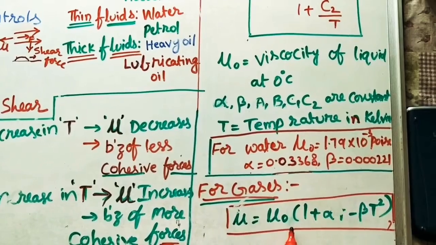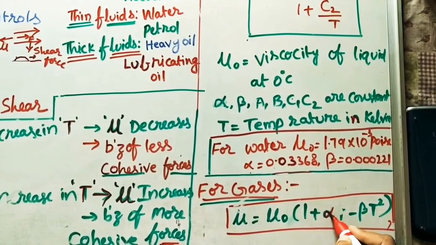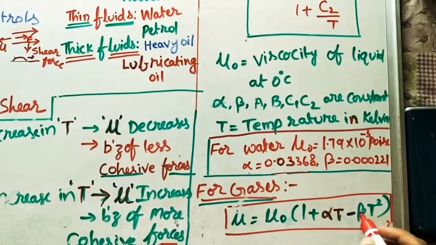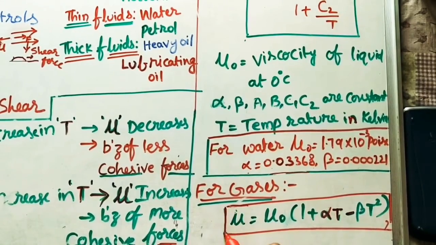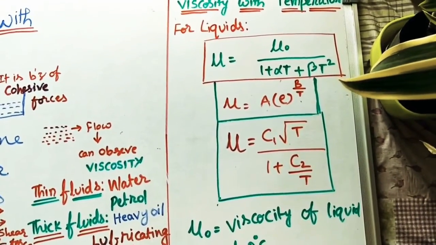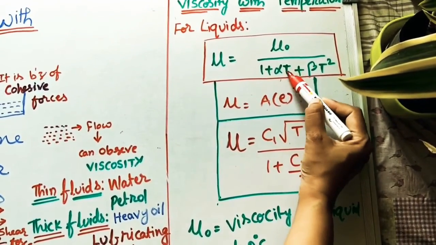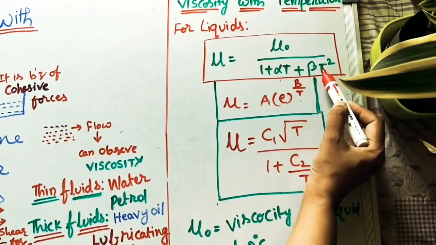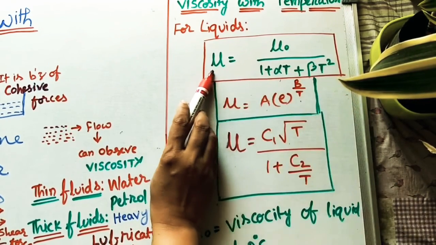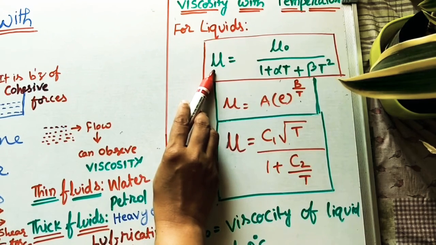Okay, now for gases, which formula are we taking? Mu is equal to mu naught into 1 plus alpha T minus beta T square. So remember this formula. According to these formulas, with increase in temperature, let us assume this denominator increases, then the mu value, that is viscosity, is decreasing.